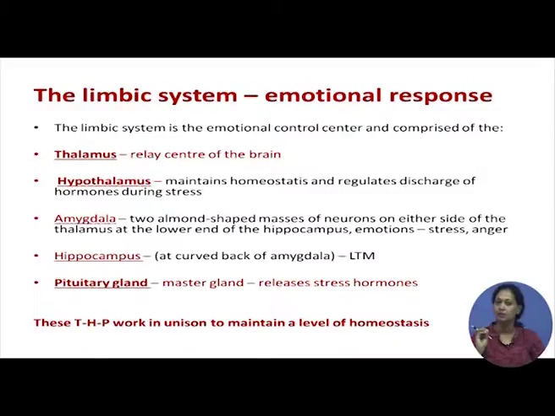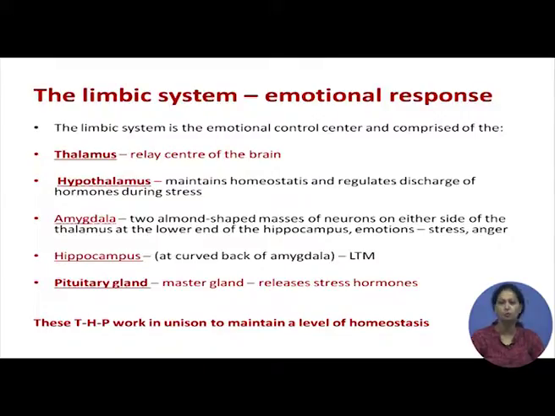Hypo stands for under, and just under the thalamus there is a very small structure which is one of the major regulators of homeostasis in the body. It is also a regulator for releasing several hormones within the body.